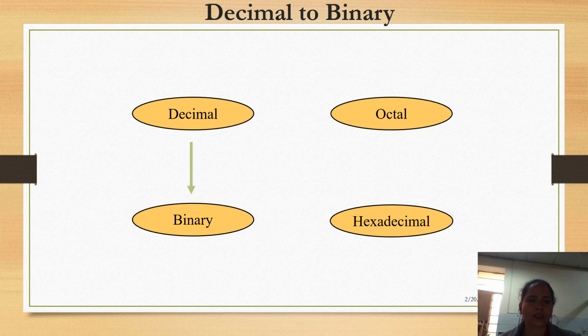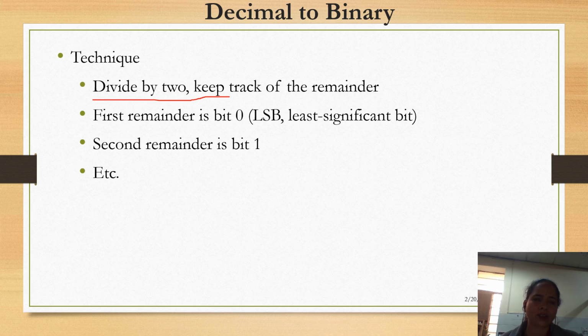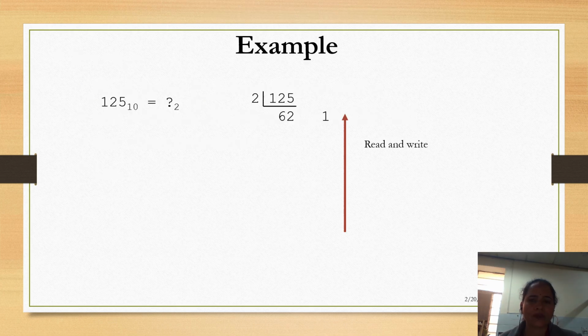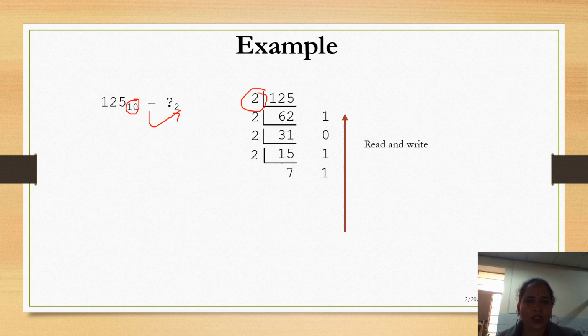Next is the decimal to binary representation. In the case of decimal to binary, we divide the number by 2 and read the remainders from bottom to top, as we have already discussed. If we want to convert 125 base 10 to base 2, we divide it step by step. When we divide 125 by 2, we get 62 and the remainder is 1.